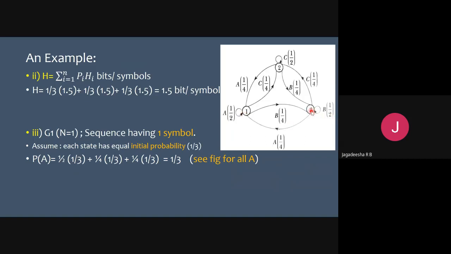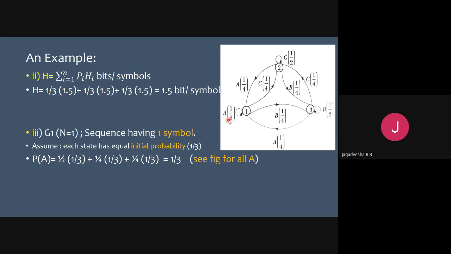From state 3, we can get A here. This is the path. So this says if the source has to emit A, what are the different choices it has got? It may be generated from state 1, or from state 2, or from state 3. So altogether, we need to get A.